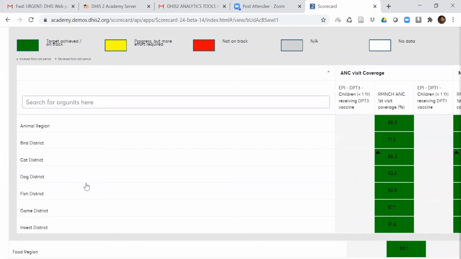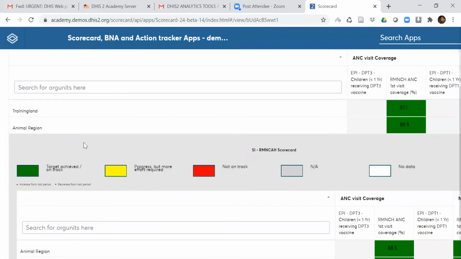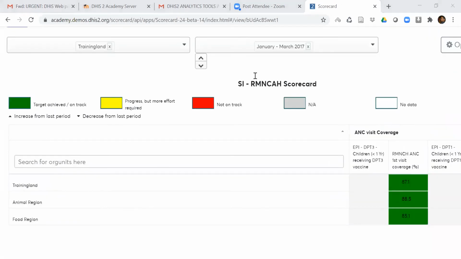I will repeat it again. Initially I have only the regions. My org units are set to visualize the regions. I have two regions only, animal region and food region. So I will click on this food region.